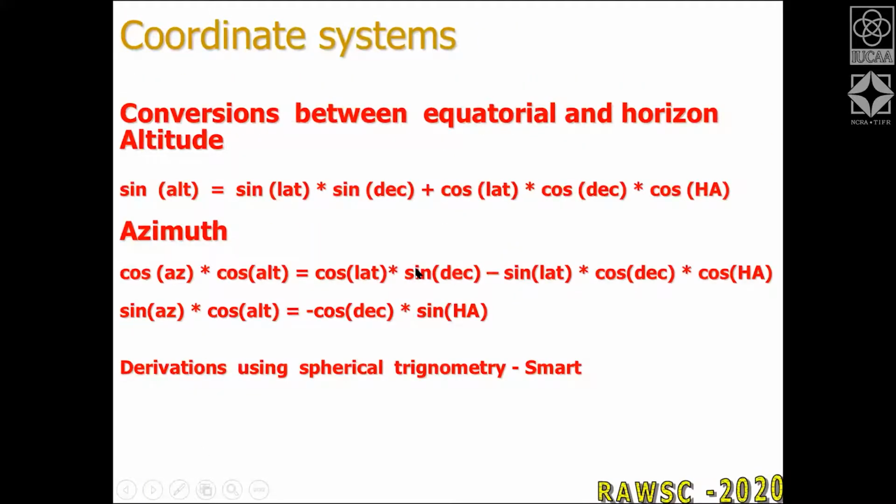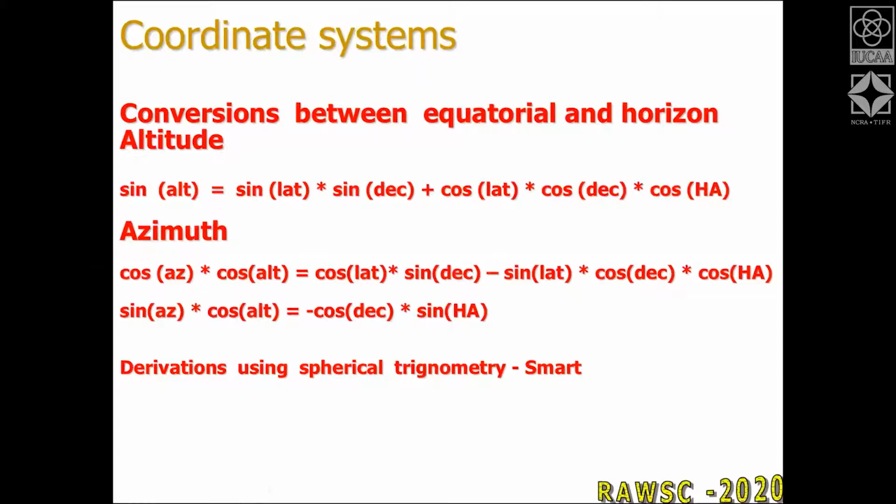So this is the typical coordinate transformation which is there. And that also makes it clear that the horizon system is time and place dependent. If you look at that, on the left-hand side, you have the altitude and the azimuth, or sine and cosine of altitude and azimuth. On the right-hand side, you have the declination and a quantity called hour angle, which is related to right ascension.